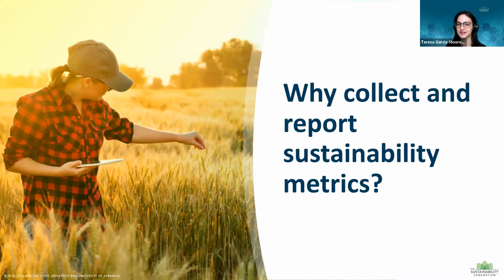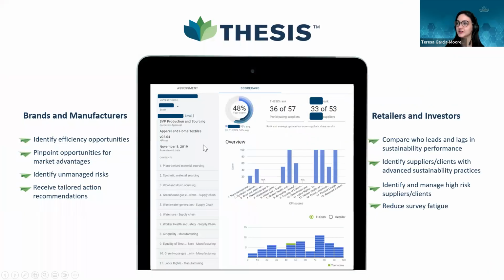So I will start us off by providing a bit of context to the items that will be discussed by Alison and Shawny, and that's the question, why even collect and report sustainability metrics? Why is that important? When we talk about collecting sustainability metrics, the first thing that comes to mind is really the environment, and that is very important. But in addition to that, monitoring your sustainability performance through those metrics can also provide suppliers with multiple opportunities to increase their profitability.